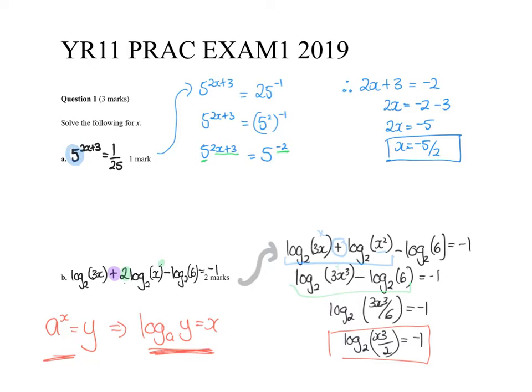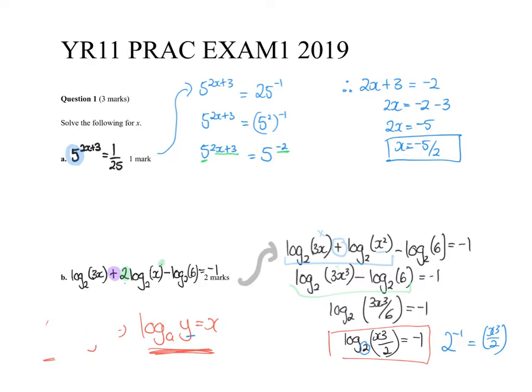In my equation, a is 2, isn't it? So I'm going to say it's 2 to the power of x. Now, x is what it's equal to. So I'm going to say 2 to the power of -1 equals what's sitting there, which is x cubed over 2, all right?